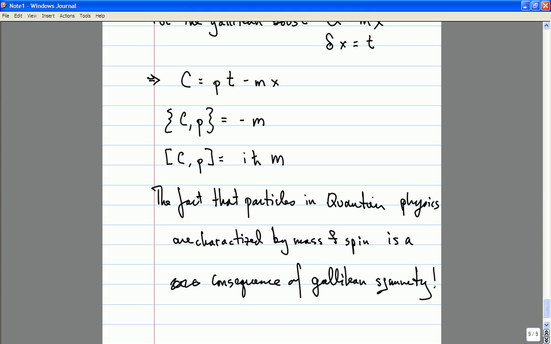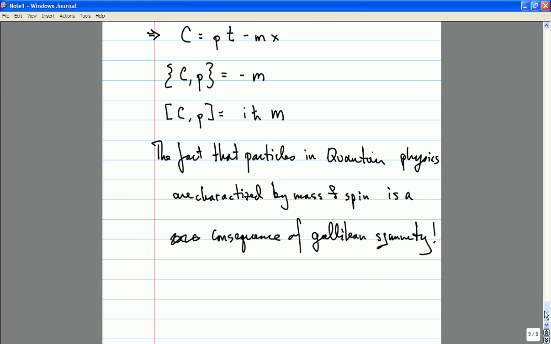So, I think it's appropriate at this point to step back and think a little bit about what you've seen in your lives as physicists. The fact that objects have mass is something that you were taught so long ago that you probably stopped even asking why it was true. Now, you've learned that the fact that objects have mass is a deep consequence of the symmetries of nature.